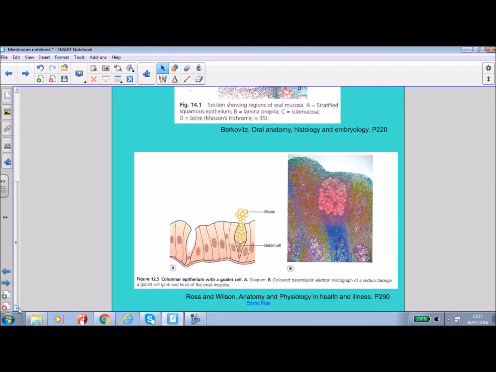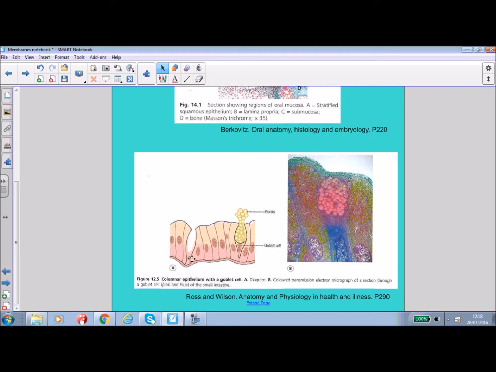So goblet cells are specialist epithelial cells which produce and secrete the mucus. So the mucus collects in these cells, which get bigger and bigger and bigger as the mucus is produced. And then once they've reached their maximum capacity, the cell will burst. So it's going to die and burst and release its contents into the cavity, whether that be the oral cavity, the GI tract, whatever it is.